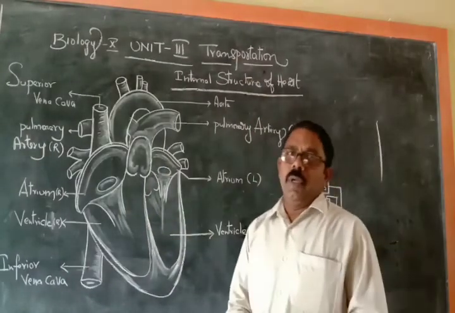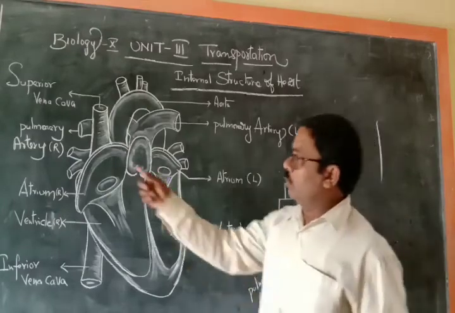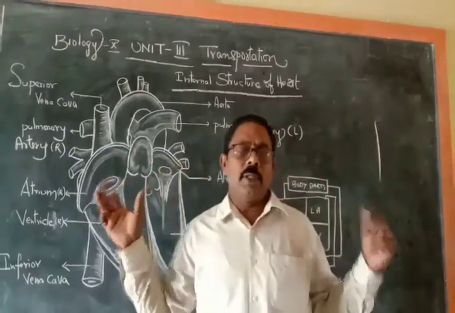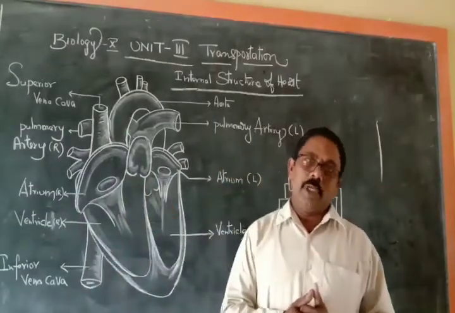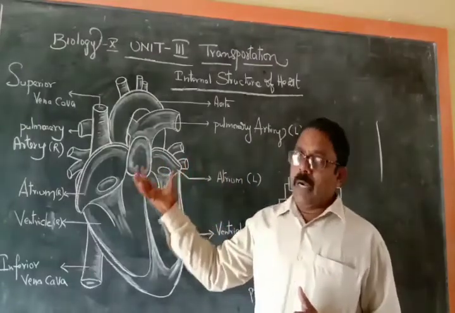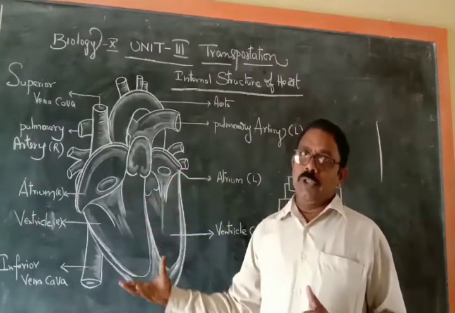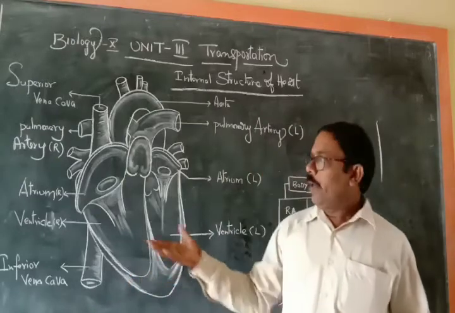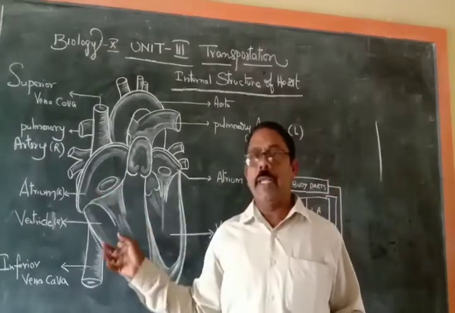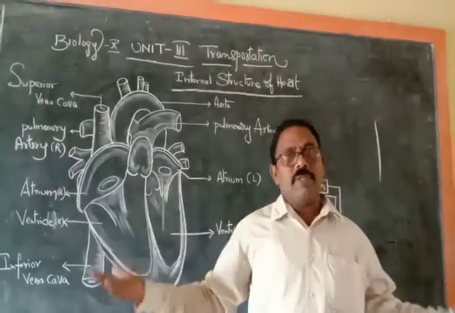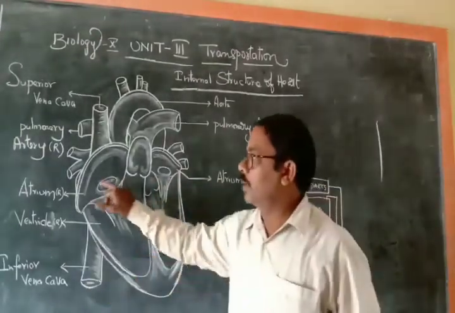There are four chambers. The upper two chambers are called auricles, also called atria. The lower two chambers are called ventricles. Auricles and ventricles are divided into the left side and the right side of the heart.